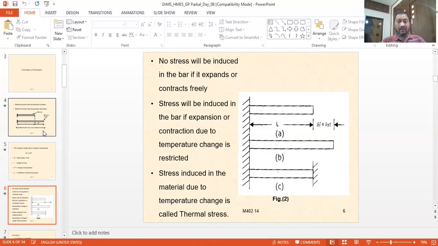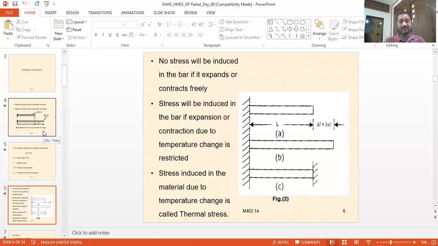Generally, the temperature stress induced in the bar is directly proportional to the change in temperature, and it also bears a constant ratio with the coefficient of linear expansion.